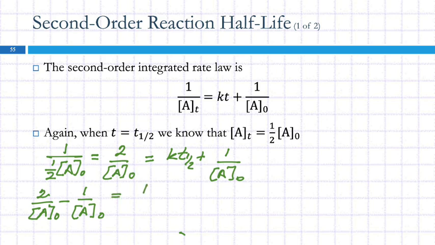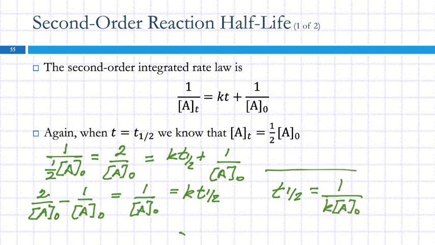So that is equal to 1 over A0, and that is equal to the rate constant times T1/2. Divide both sides by K. T1/2 is equal to 1 over K times the initial concentration. Any questions?